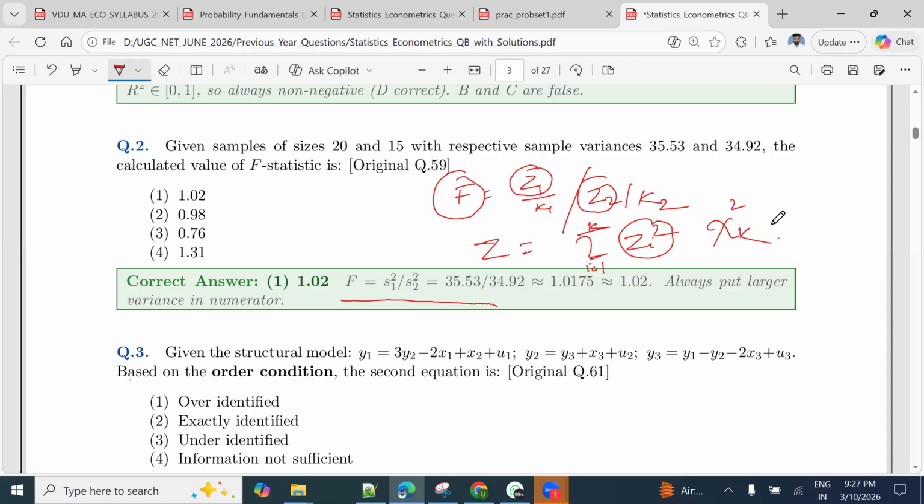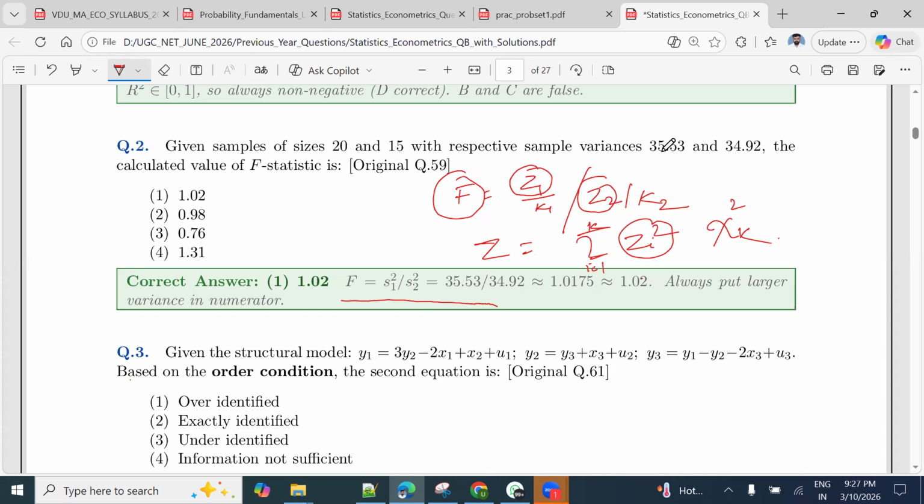But if you look at the F distribution, in F we have used this Z1 and Z2, which are independently distributed chi-square variables. Chi-square variable means it is following standard normal variables.